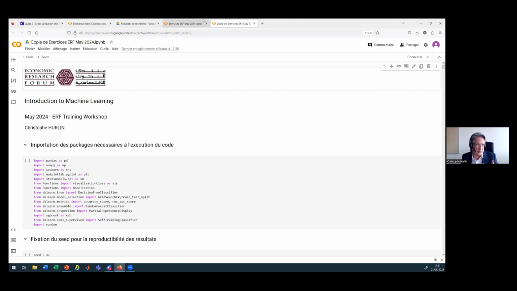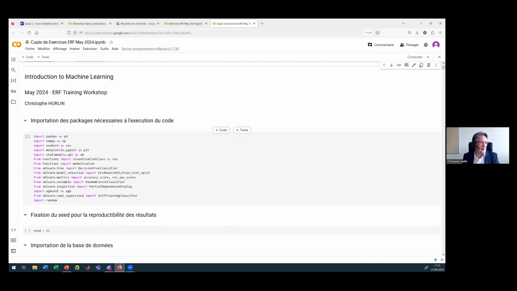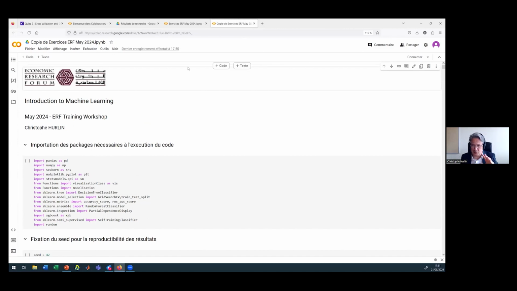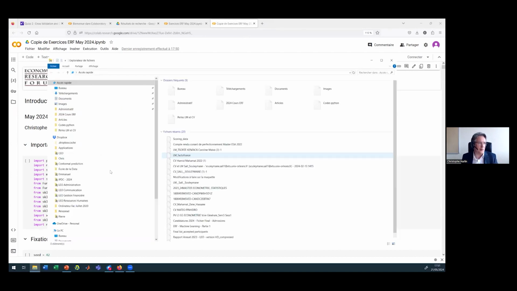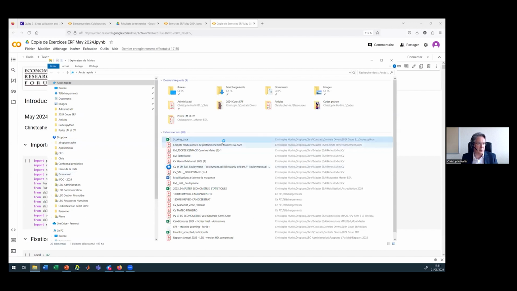Okay, so I work with a copy here. This is the first stage. I will explain all this stage in an email, and then I have to upload some data. So I will send you the data. So the data, we will work on credit scoring application. So the file is scoring data.